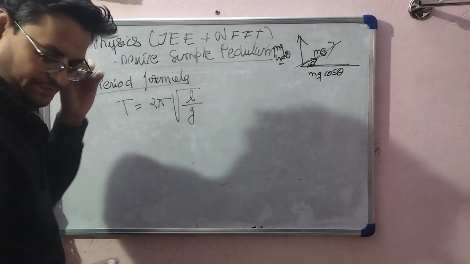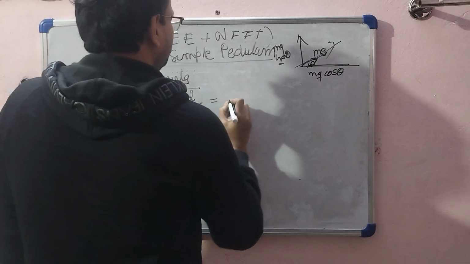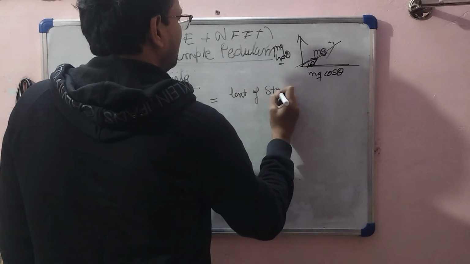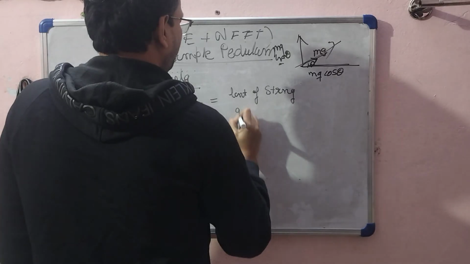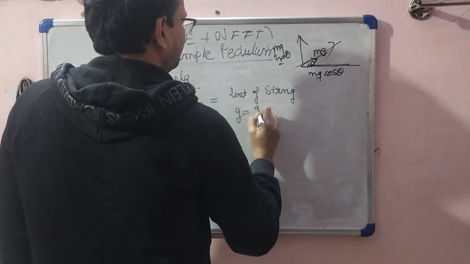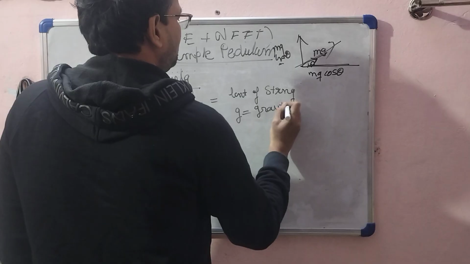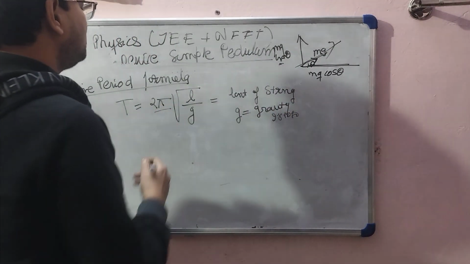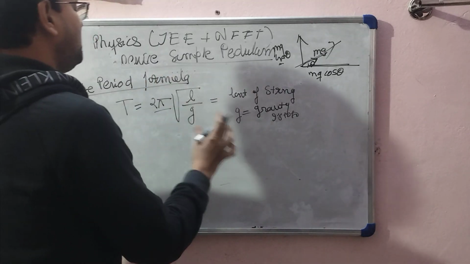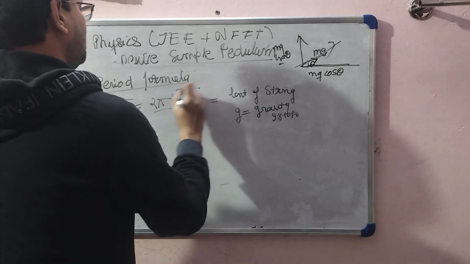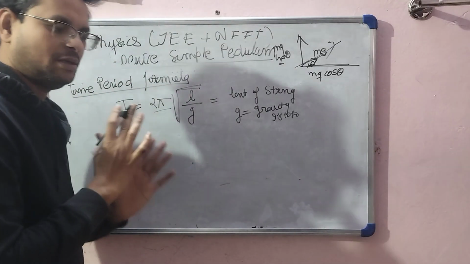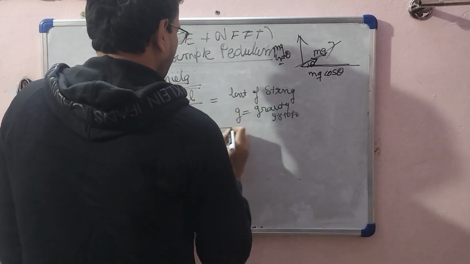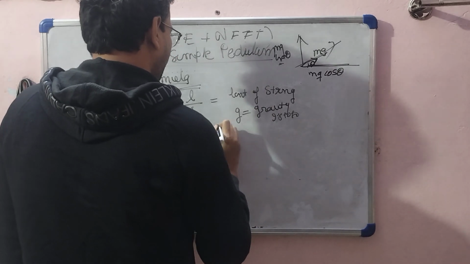L is the length of the string, g is gravity, 9.8 or 10, right? And 2 pi is also a constant. Means T depends on the length only, not the mass of the bob.